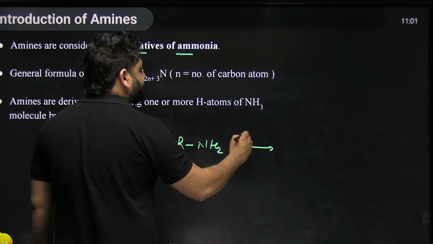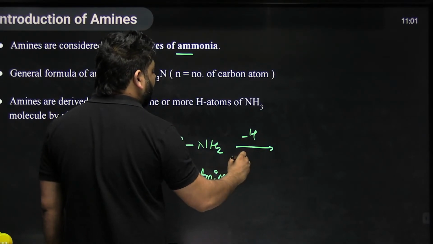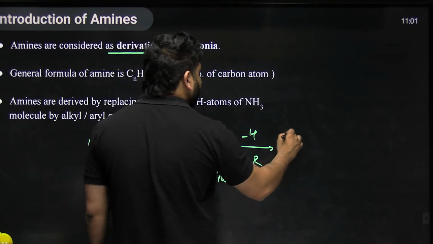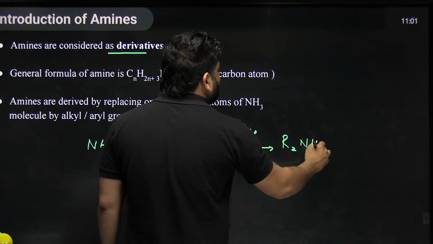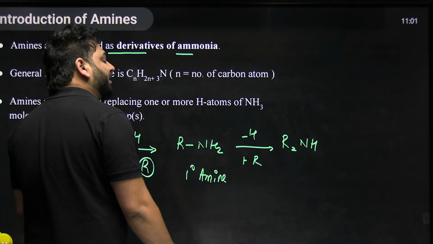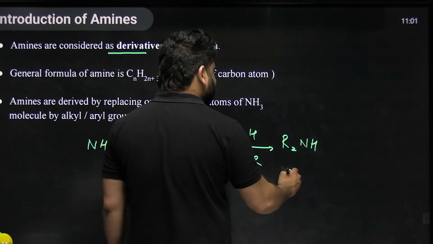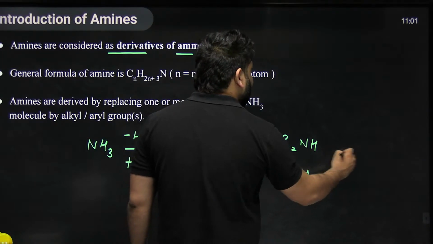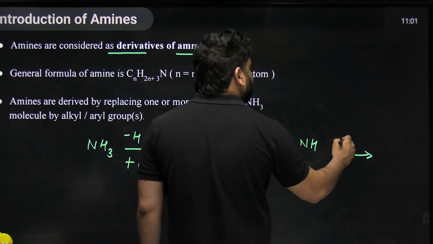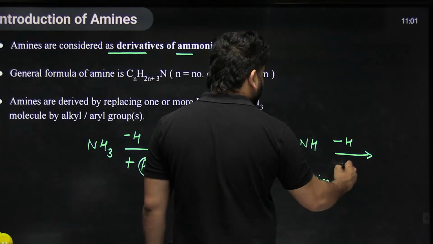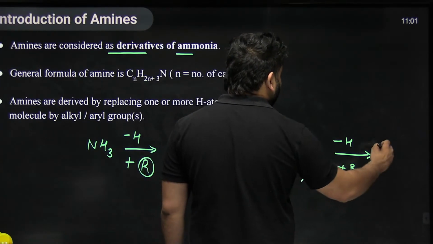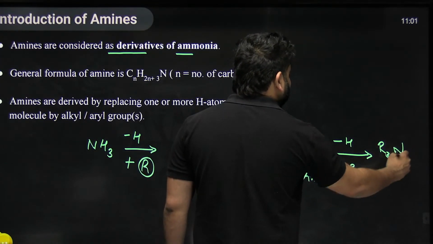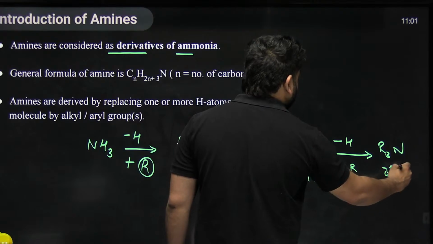Then if I do the same, removing one hydrogen and adding one alkyl group, it will become R2NH, meaning the nitrogen atom is connected with two alkyl groups. This is called a secondary or 2 degree amine. Do the same thing: remove one hydrogen, add one alkyl group, it will give you R3N, called the 3 degree or tertiary amine.